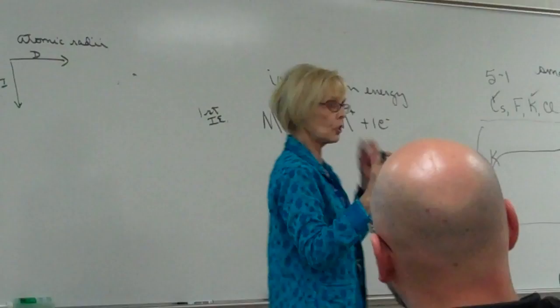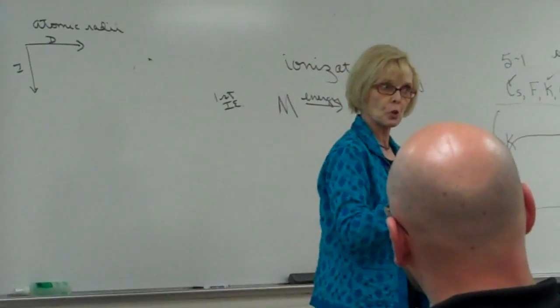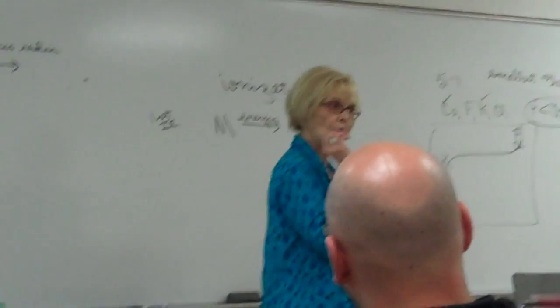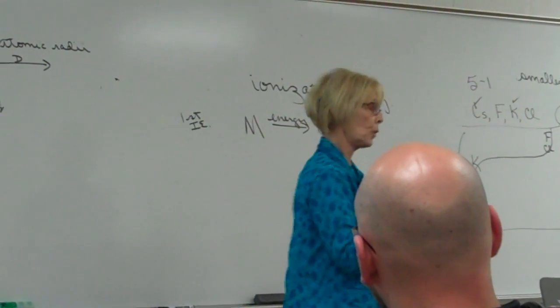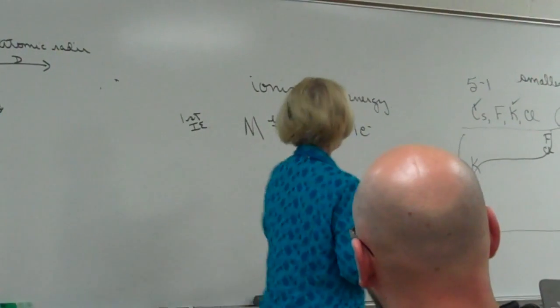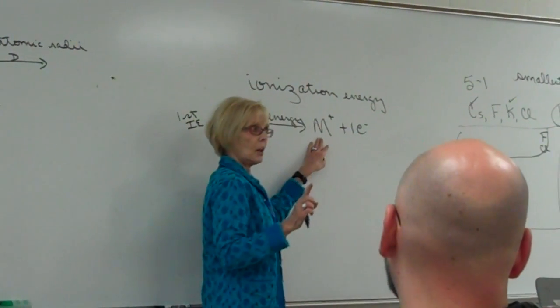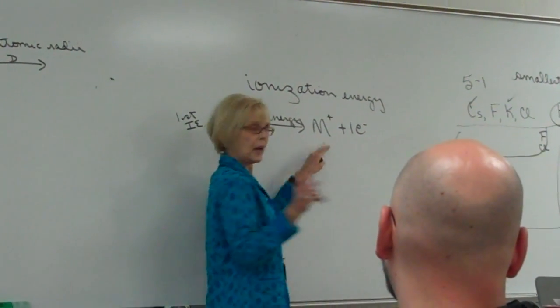You actually have an energy measurement. You got this neutral atom, minding its own business. You zap it with some energy. How much did it cost you to rip off an electron? Now you realize we have things other than +1 cations.